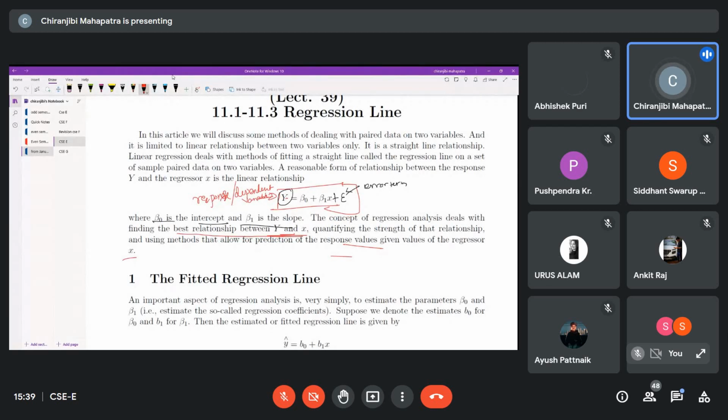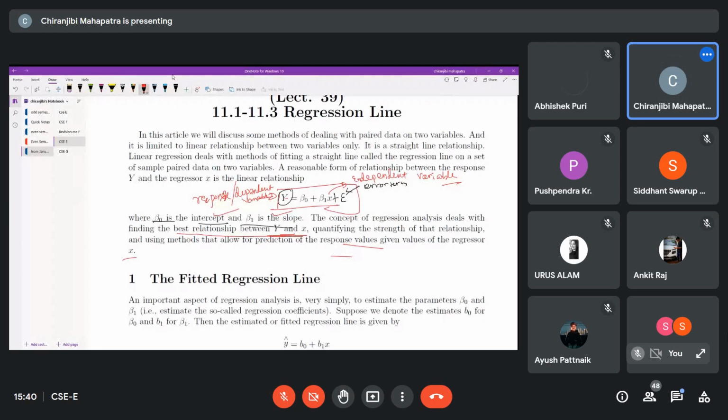Okay, dependent variable like this. Okay, and this x is termed as independent variable. Beta naught and beta 1, these are the intercept and the slope.